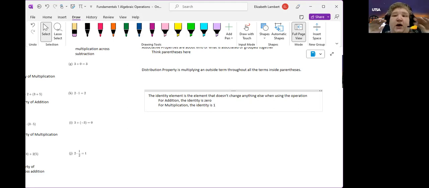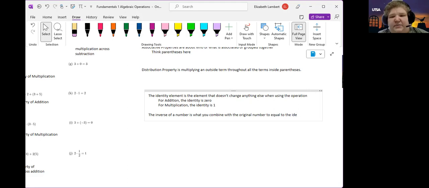Now, when we're looking at what this shows, what we're having to contrast this with is the inverse of a number. And it does tie in with the identity element. So the inverse of a number is what you combine with the original number to equal the identity element.